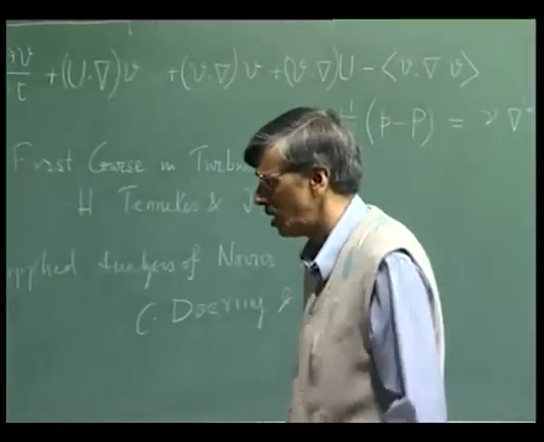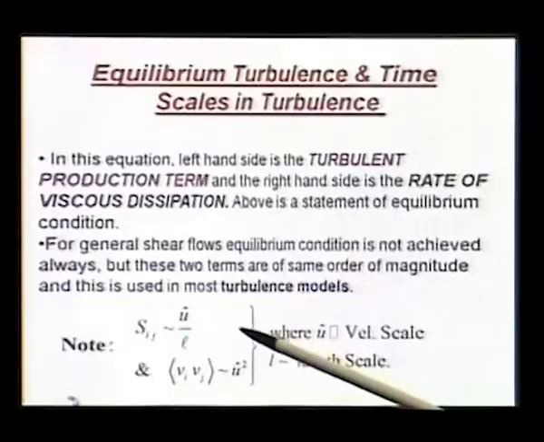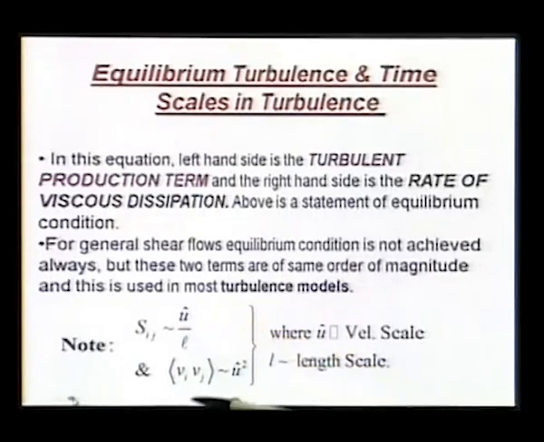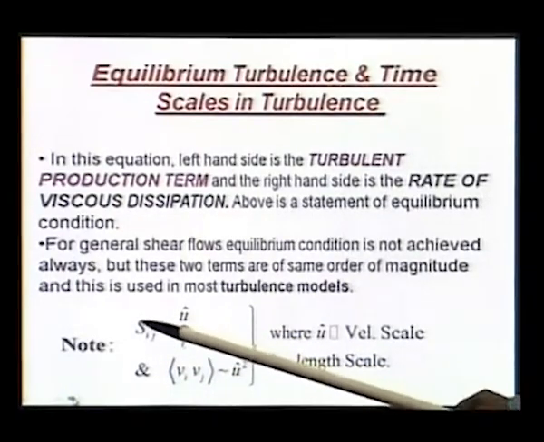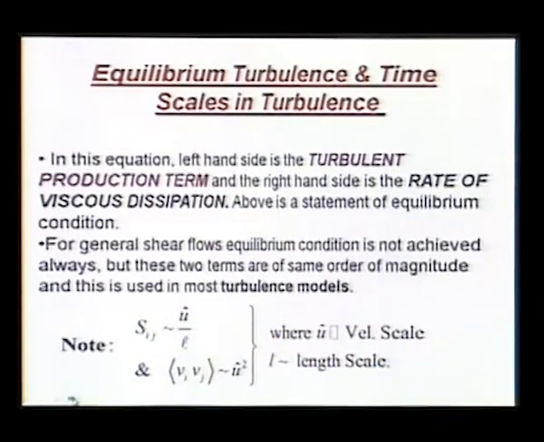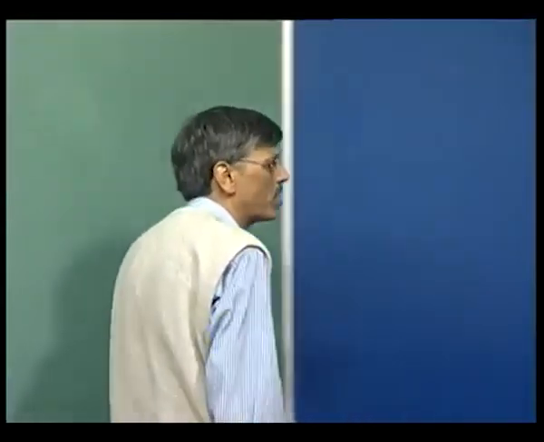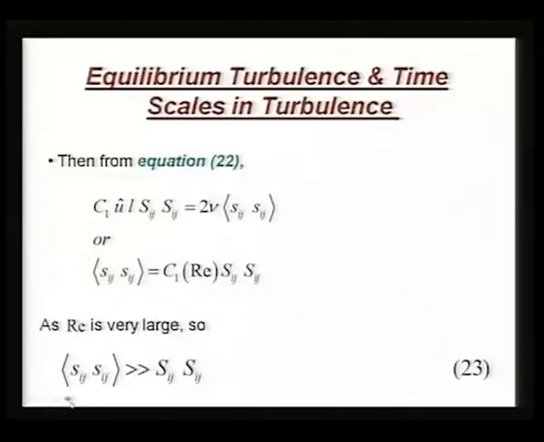We also note that if we define u cap as a velocity scale, L as some kind of a length scale, then the mean shear would be given like this, and the Reynolds stress that we have is also of the square of the velocity scale itself, and we can plug this information in our equilibrium condition to get this following equation, right.